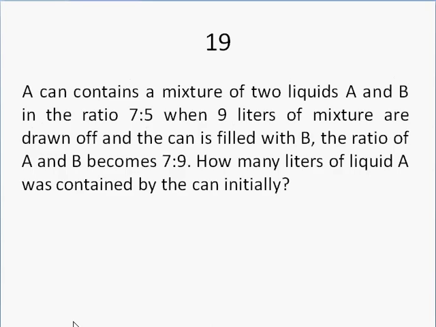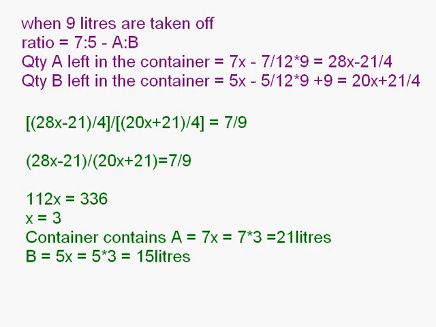A can contains a mixture of two liquids A and B in the ratio 7:5. When 9 liters of mixture are drawn off and the can is filled up with B, we try to find out the quantity of A left in the container and the quantity of B left in the container. Quantity A will be 7x minus 7 upon 12 times 9, and quantity B will be 5x minus 5 upon 12 into 9 plus 9.